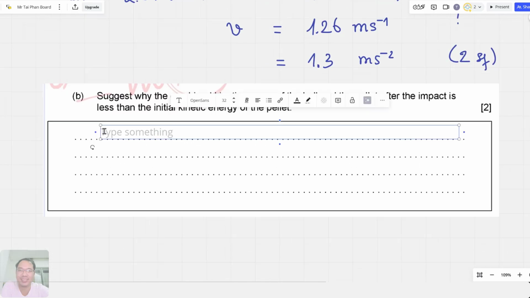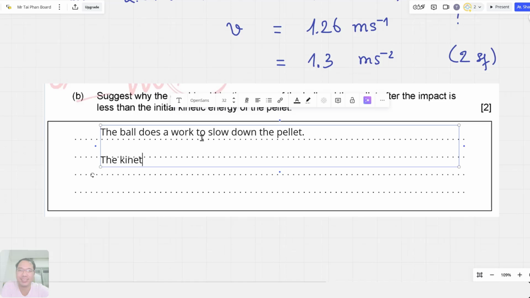So the answer to this question contains two main ideas. The ball does work to slow down the pellet. The kinetic energy of the pellet is lost or transferred into thermal energy, into heat.